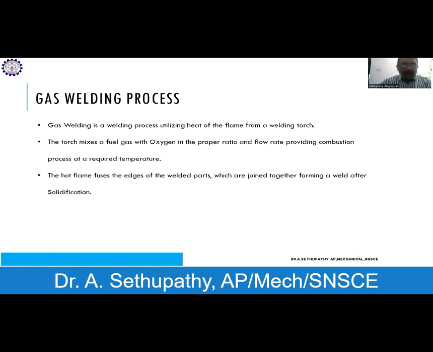Gas welding is a welding process utilizing the heat of the flame from a welding torch. The welding torch is used to create a flame from the gas we use. The torch mixes a fuel gas with oxygen in the proper ratio and flow rate, providing a combustion process at the required temperature.